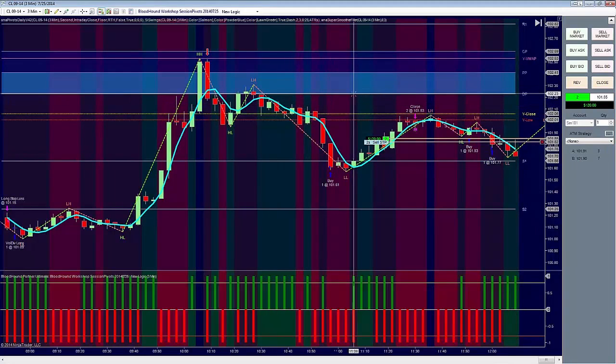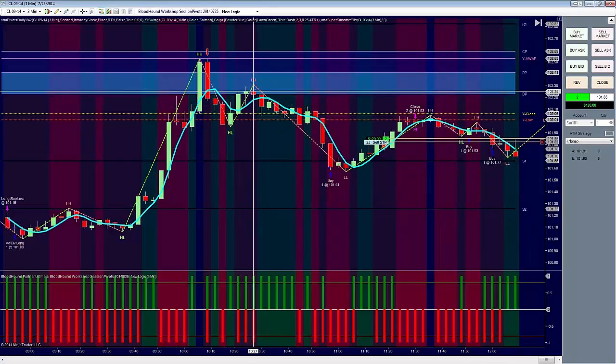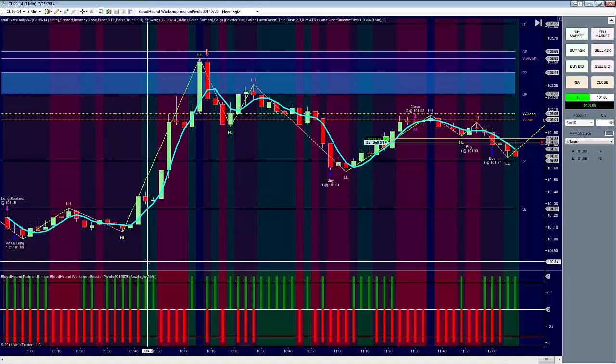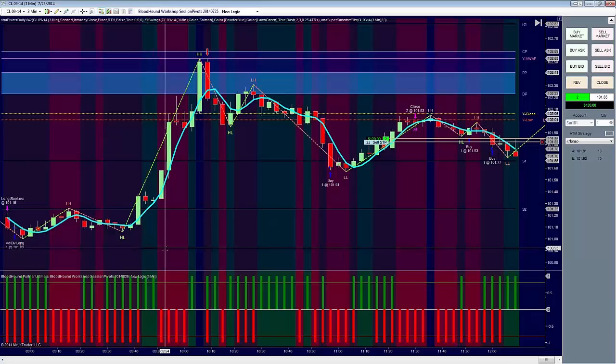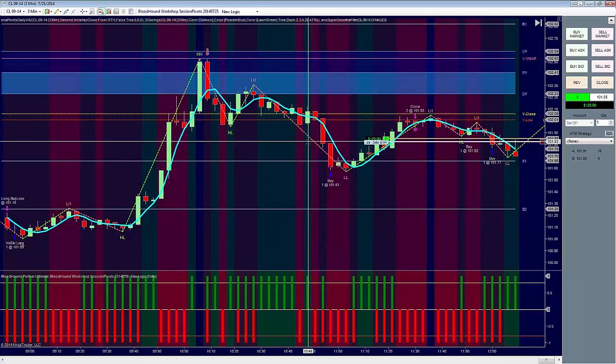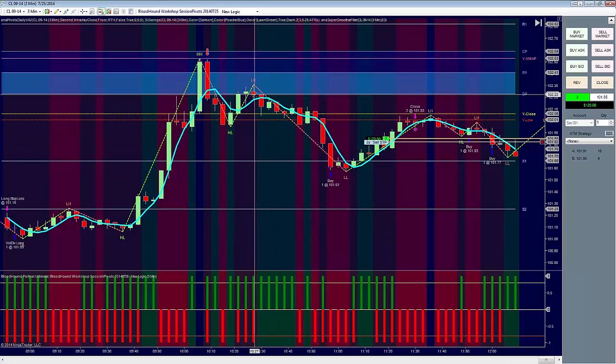We're not using this DP line, this directional pivot line. All right, so right at this point, this close is 10 ticks above. Hang on one second. All right, sorry. So this bar, where am I at here? Lost my concentration. All right, right here.